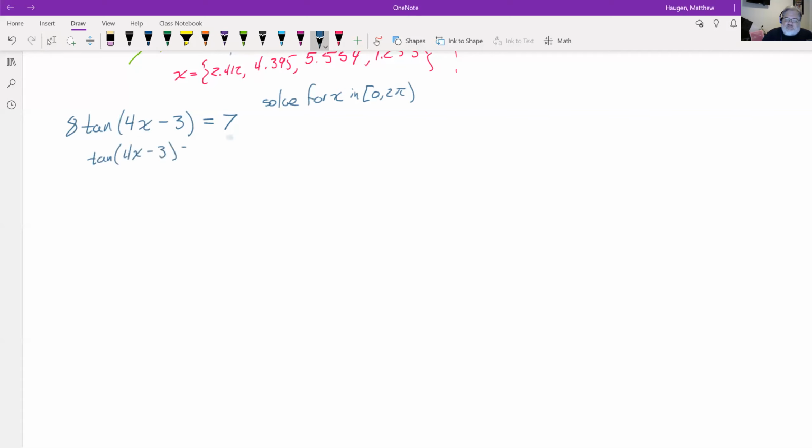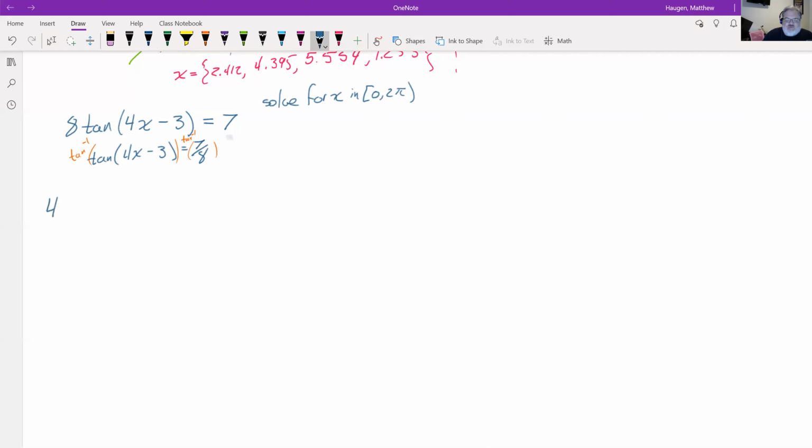So certainly the first thing you're going to do is divide off that 8, right? Then you will invoke that inverse function. Invoking that inverse function breaks us into pieces.